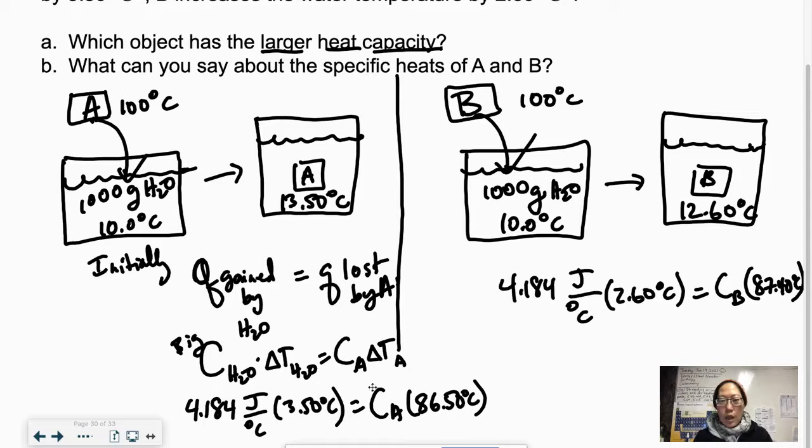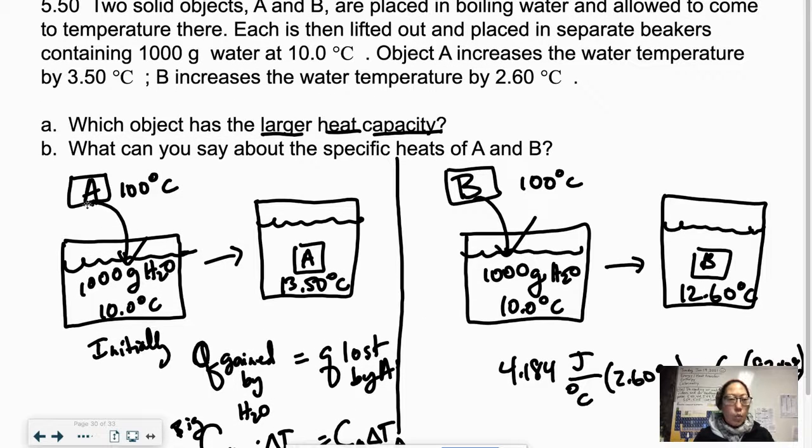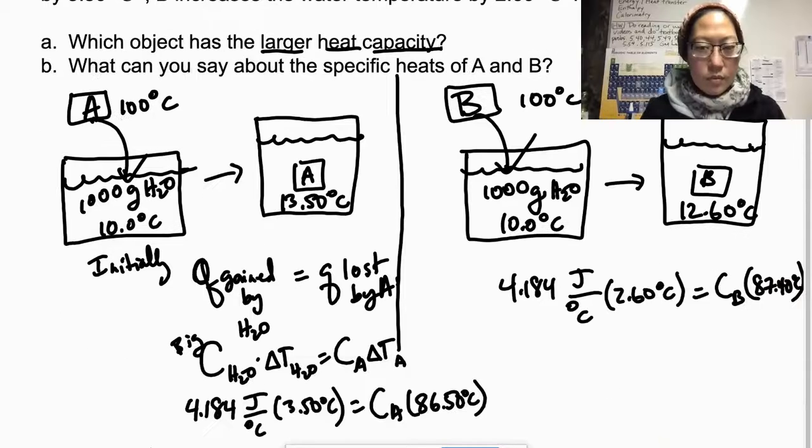So the heat capacity of A is going to be a larger number than the heat capacity of B. Again, that's due to the fact that when we heated up A, it required more energy to heat A up to 100 degrees C. It had a larger heat capacity.